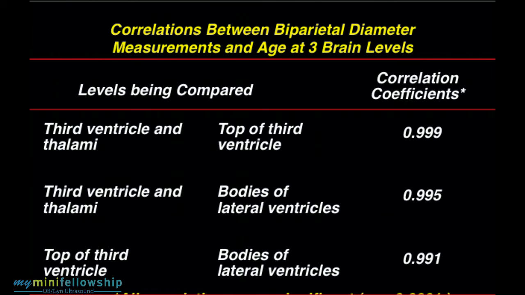So there was a large database of biparietal diameter measurements. It was also true that pathologists measured the biparietal diameter of abortuses. So there was a large database. So that is why people began measuring the biparietal diameter as the first obstetrical fetal measurement.